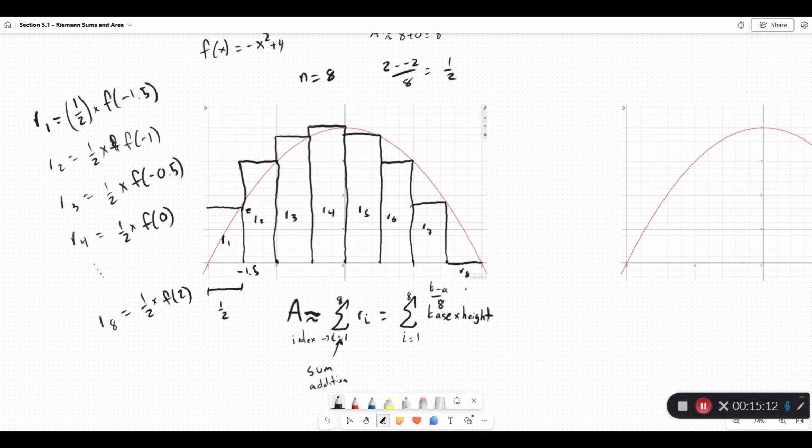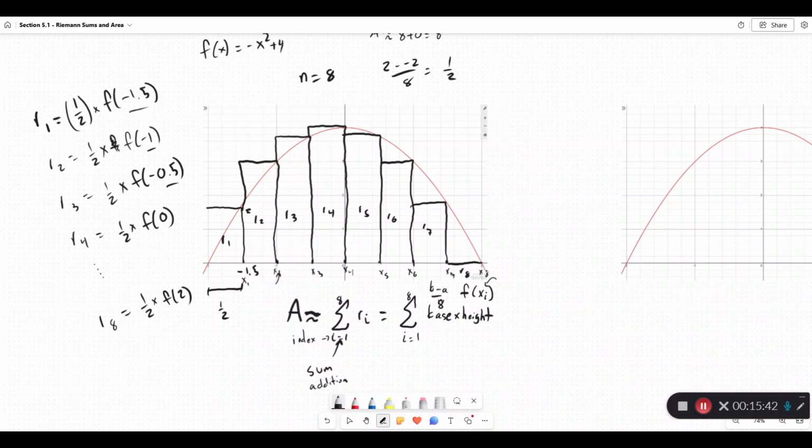And the height is specifically f of x sub i, where f of x sub i chooses, for the first one, negative 1.5. When i is 2, it's negative 1. When i is 3, it's negative 0.5. It represents the ith x value. Here's x1, x2, x3, x4, x5, x6, x7, and x8.